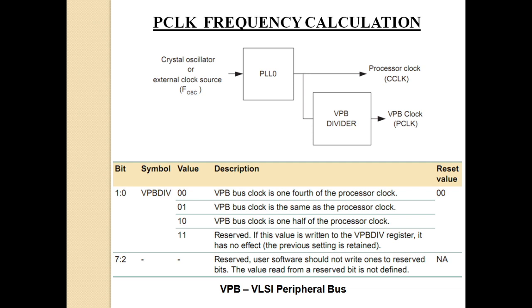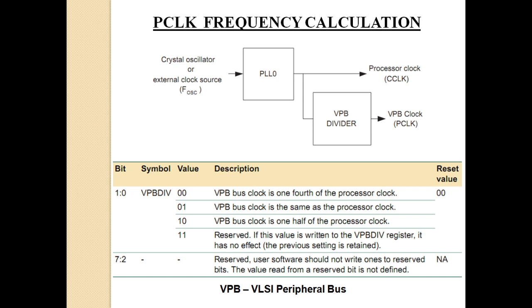General purpose registers are used for storing or manipulating data. Special function registers are used for configuring the peripherals.